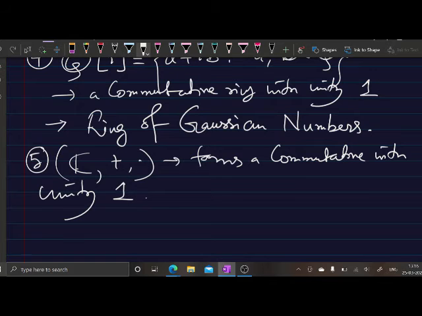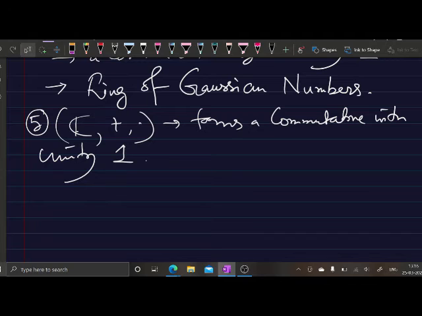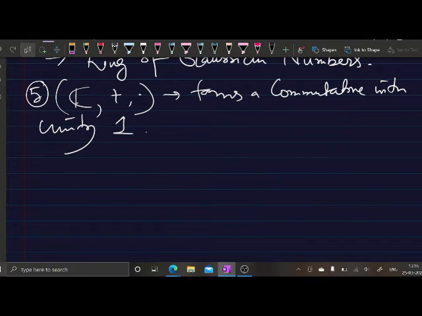Okay, and not only that, you will find that this C plus dot has some extra property in addition to ring. So this will be a field because we can check that every non-zero complex number has a multiplicative inverse also, right?